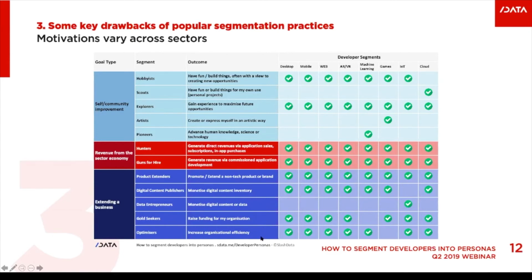The idea is that developers may have different motivations across segments. So a developer may very well be, and it's quite a common scenario actually, a hunter, generating direct revenue, or a gun for hire in a sector, usually a mature one like desktop or web or mobile, while being an explorer or pioneer in an emerging sector.